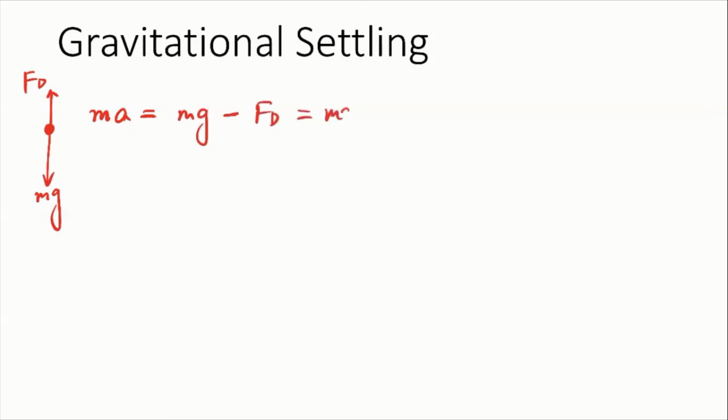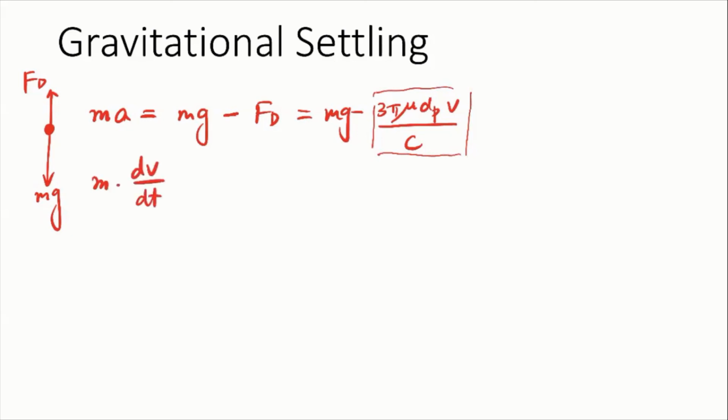We know the drag force is equal to 3 pi mu dp multiplied by v divided by C. On the left hand side, we have m dv dt equal to mg minus 3 pi mu dp v divided by C. Since we're talking about gravitational settling, we assume that the air is stagnant.